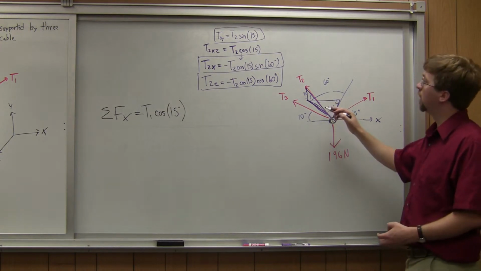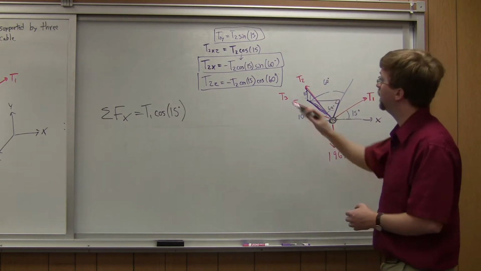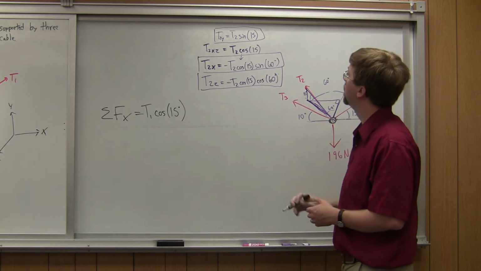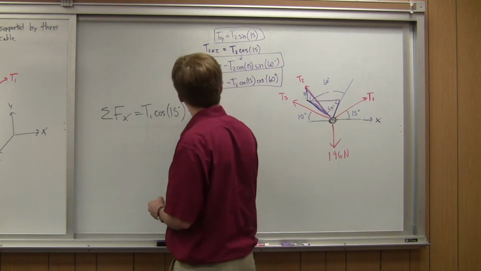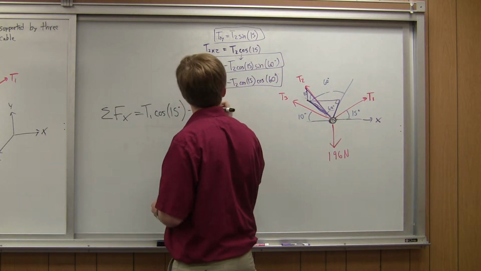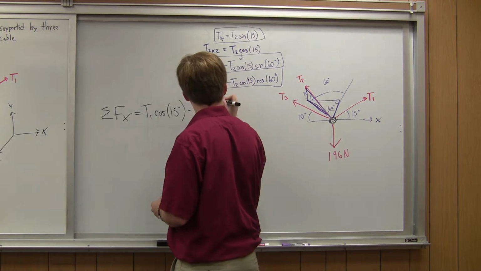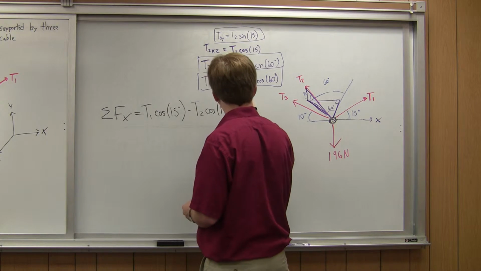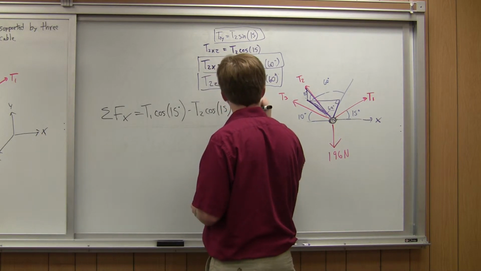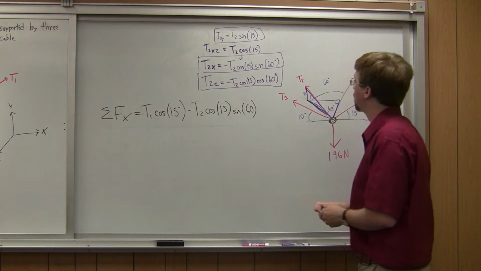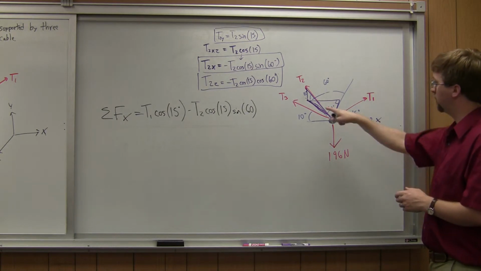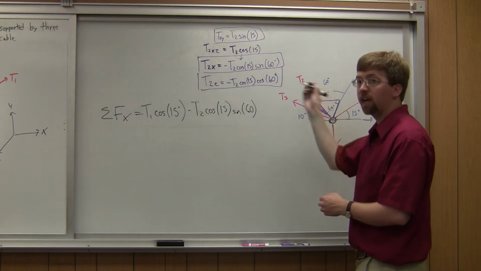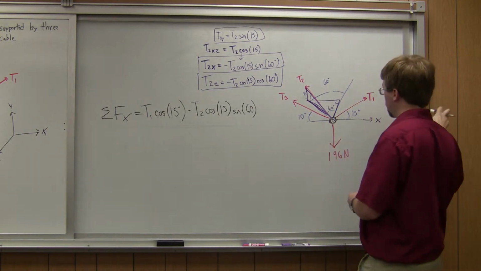T2, I already went and figured out, so in the x direction, T2x is negative T2 cosine 15 sine of 60. And then finally, I've got T3, and this is negative, since its positive x direction is this way.